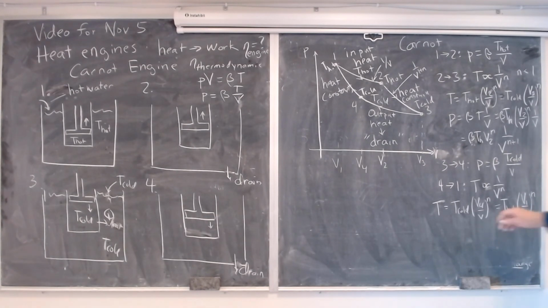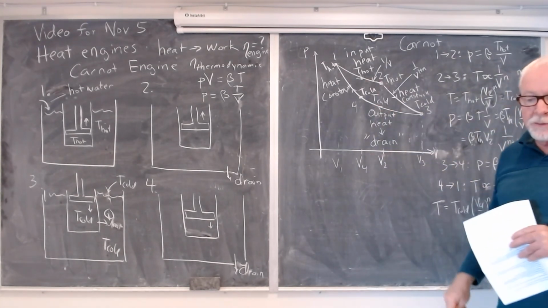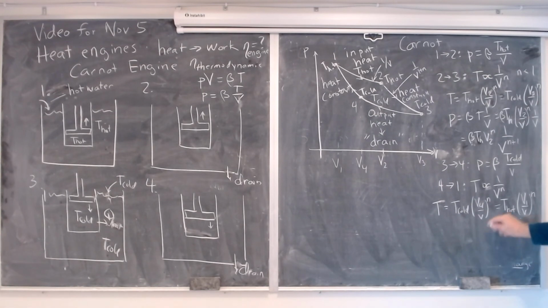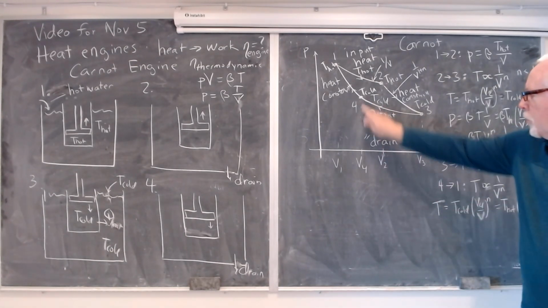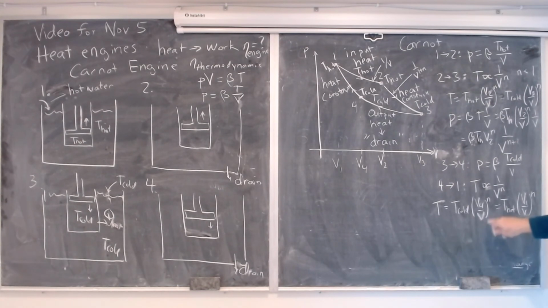And so we could have spent 5 minutes doing a standard thing of going from a proportionality, which means it's equal to some constant times that, and then plugging in a boundary condition to solve for the constant. I'm just skipping a step here because it's apparent that since T is T cold at V4, plugging in V4 here gives T cold, and it's going as 1 over V to the n, so it works.